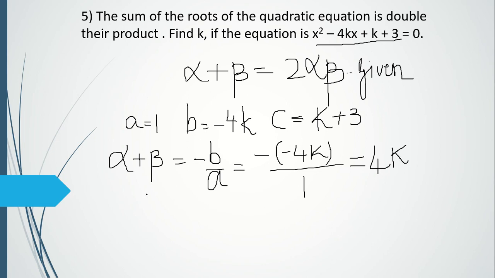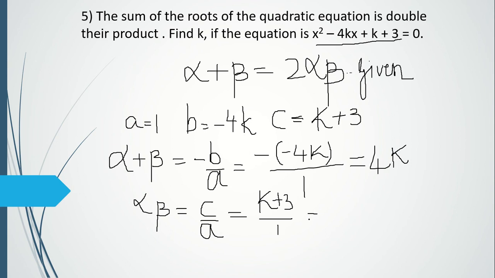And alpha beta will be what? C upon a. C is k plus 3 and a is 1.